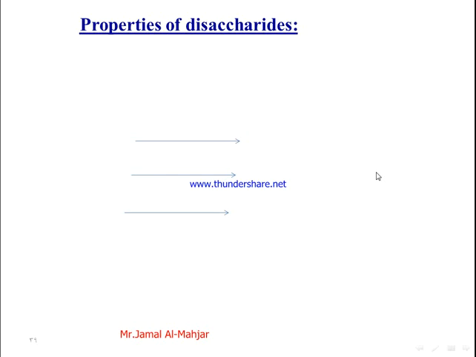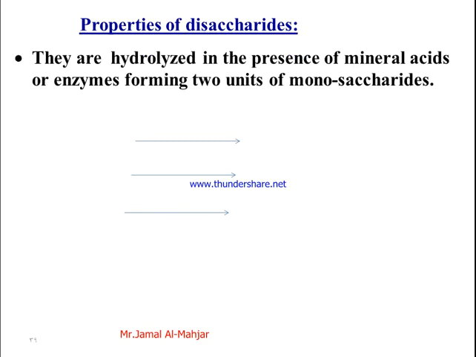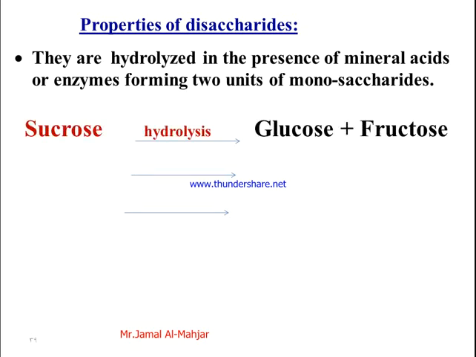What are the properties of disaccharides in general? In general, they are hydrolyzed in the presence of mineral acids or enzymes, forming 2 units of monosaccharides. Hydrolysis of the sucrose gives the 2 units that sucrose is formed from.